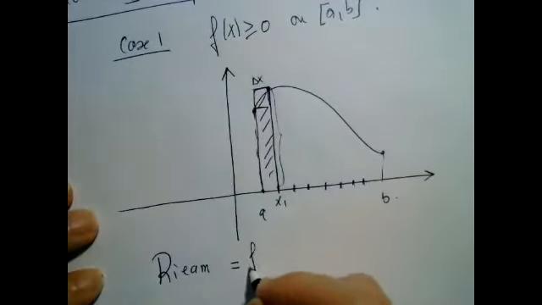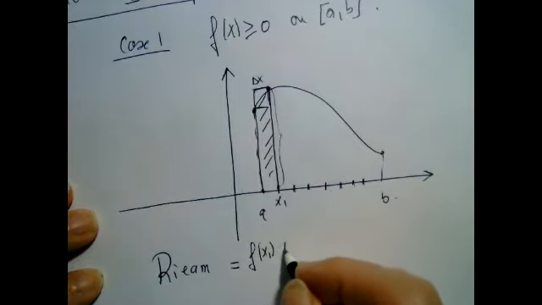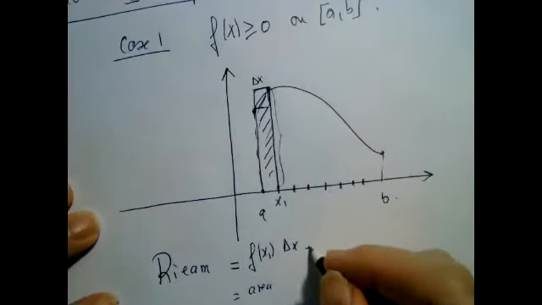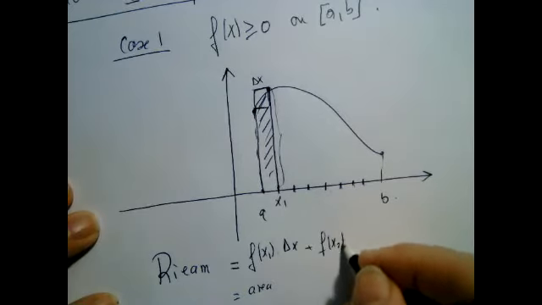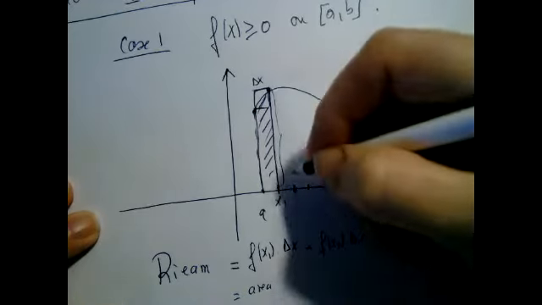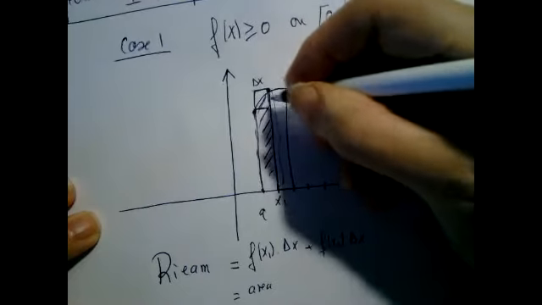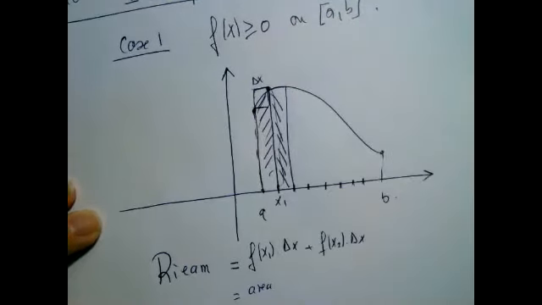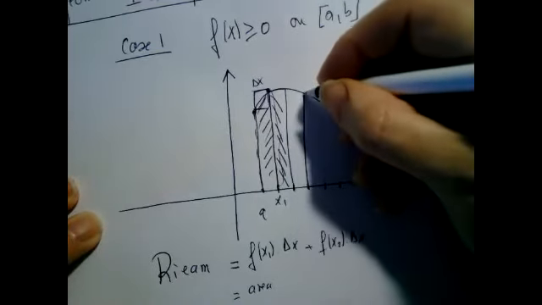So f of x1 times delta x is nothing more than the area of this rectangle. Then I'm going to add to it f of x2 times delta x, right there, which is going to give me the area of this rectangle, and so on and so forth.